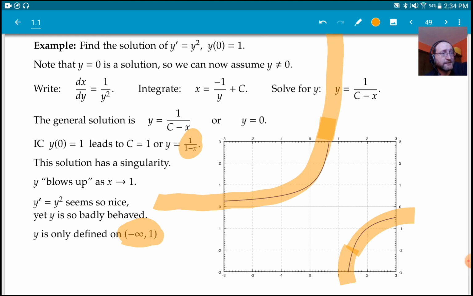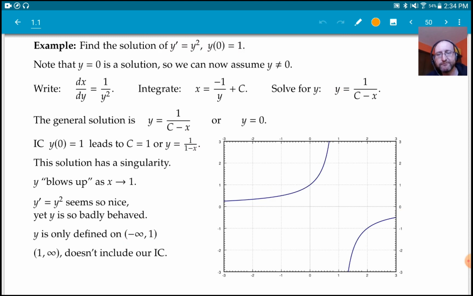You're not going to get through that, even though you have some sort of formula, but it no longer makes sense for this equation. Because 1 to infinity does not include our initial condition, since the initial condition was at 0.